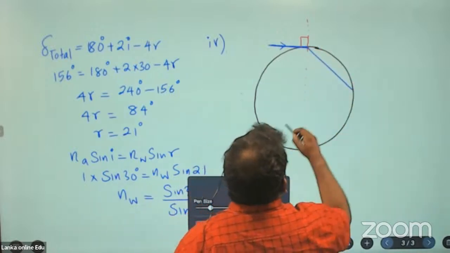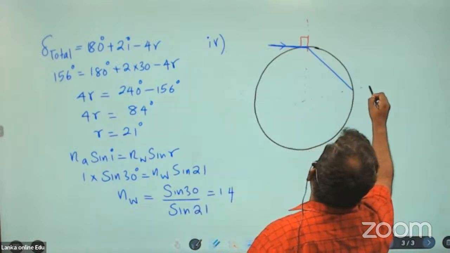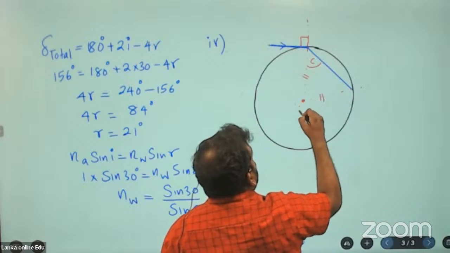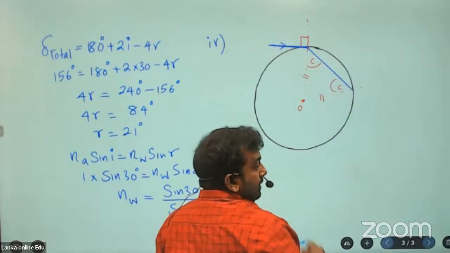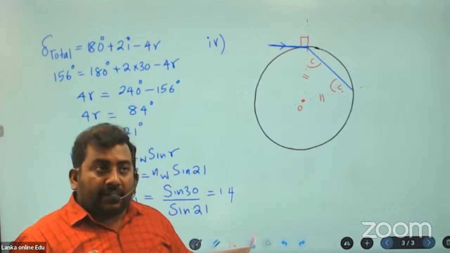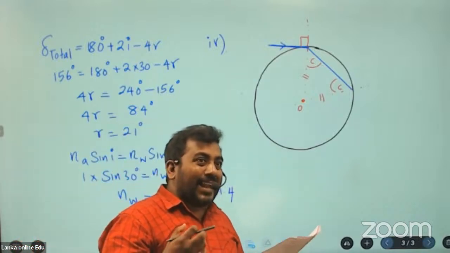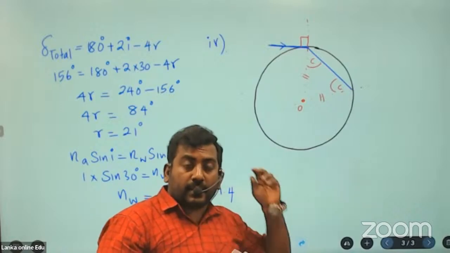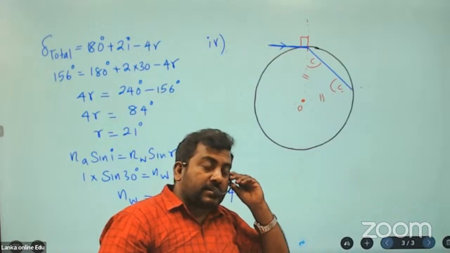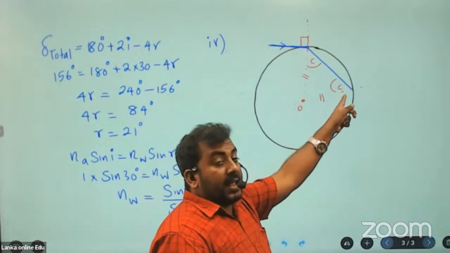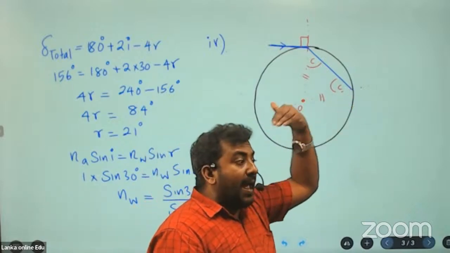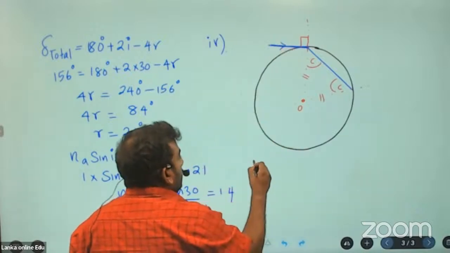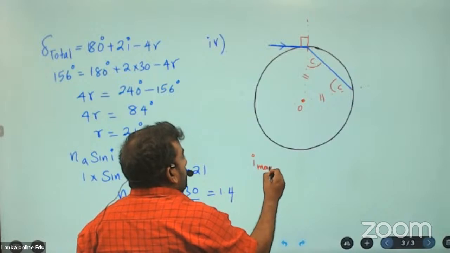Again, draw the normal. So here critical angle means these two are radii. Here also critical angle. That means think carefully and tell me, can total internal reflection occur? Never. Total internal reflection can occur only if the angle of incidence is more than the critical angle. So here you can show I maximum is 90.